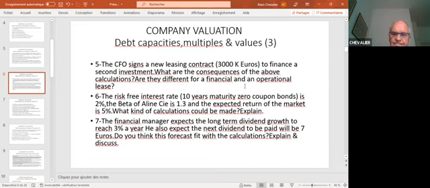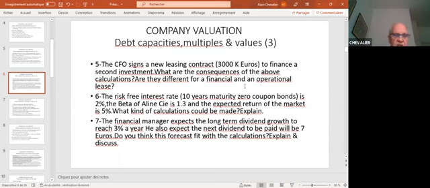Question 7. The financial manager, now he's there and he asks you what could be the value of a share and the value of the company, and he wants to understand if the result of this calculation will fit with the calculation you did using the simple model.